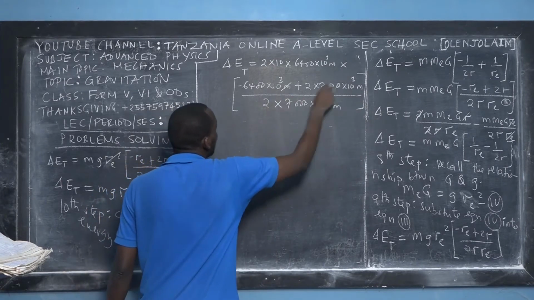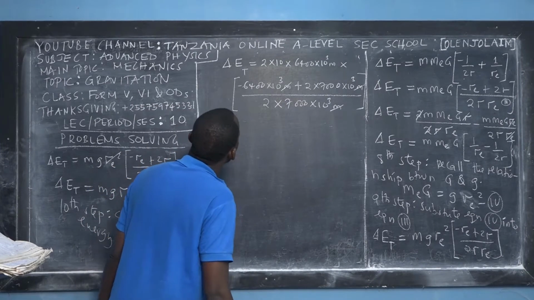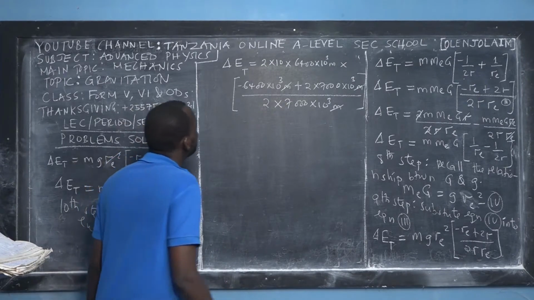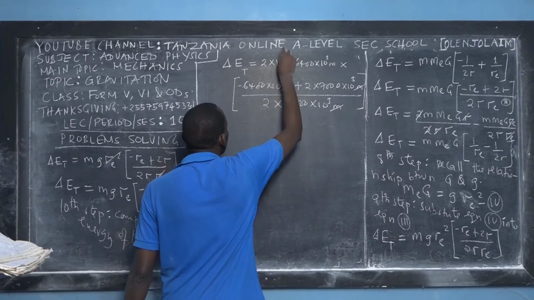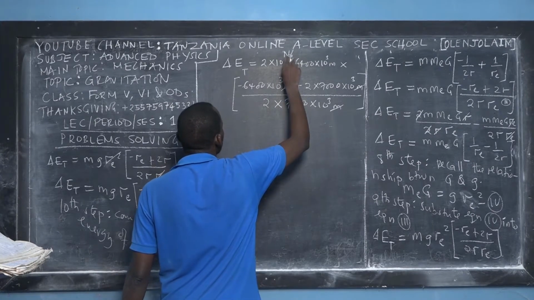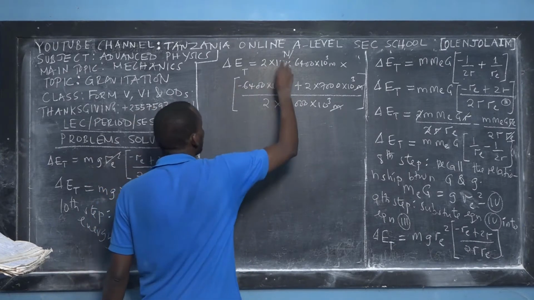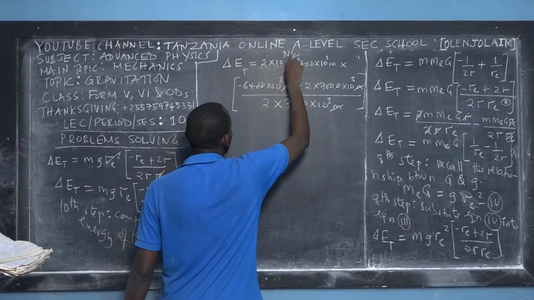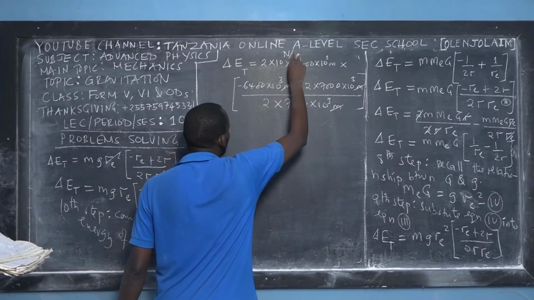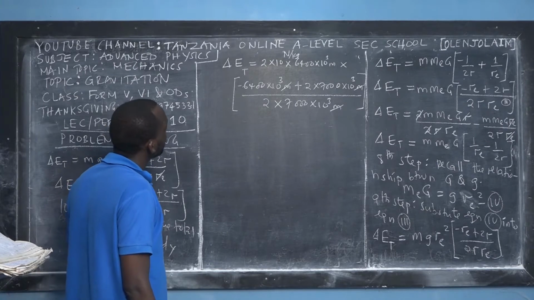So meter cancel, then what remains is meter per second squared, which is Newton per kilogram.